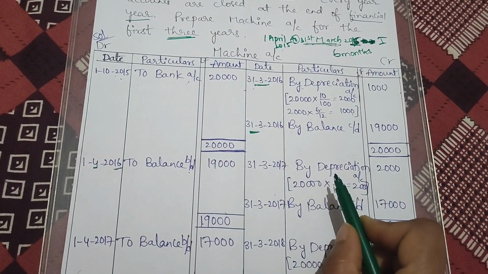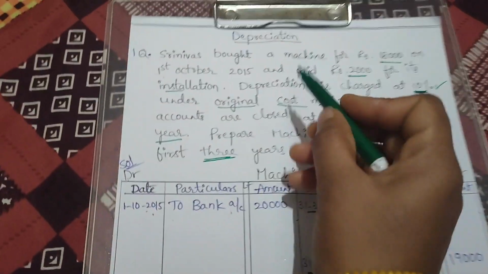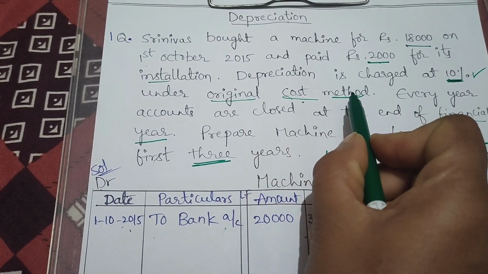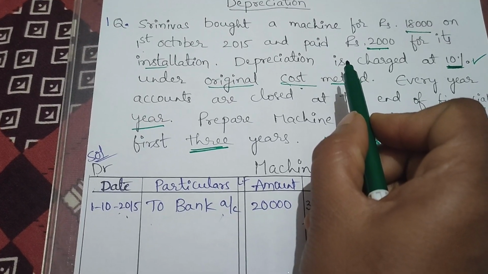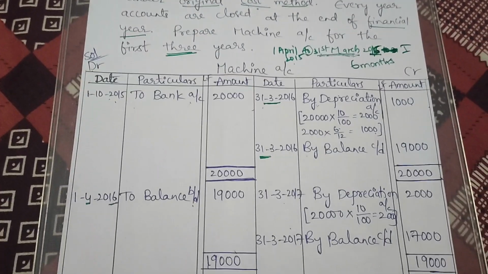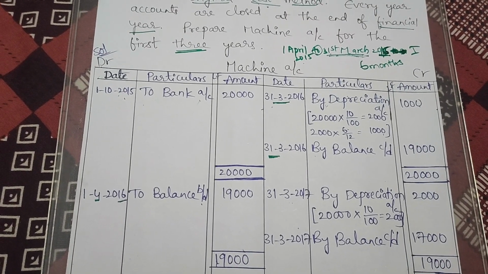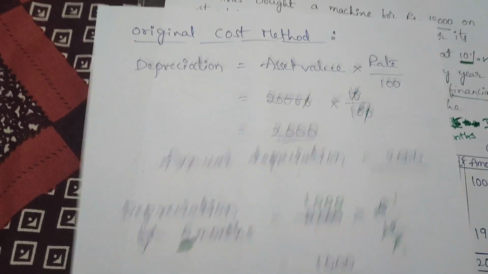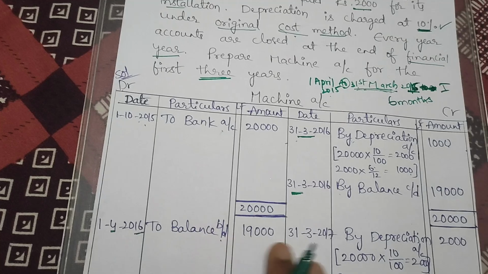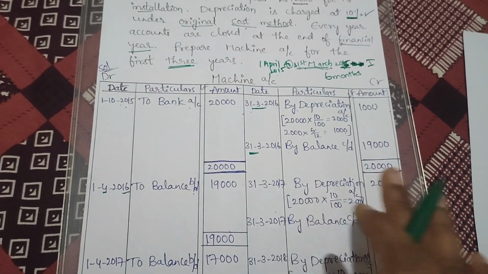We write depreciation by depreciation account. Whenever we write depreciation, we should see which method we are following. We are following original cost method, meaning straight line method, meaning fixed installment method. In this case we should take the same depreciation we calculated in the first year by using the formula. We used the machine for 12 months, so 12 months depreciation should be taken.